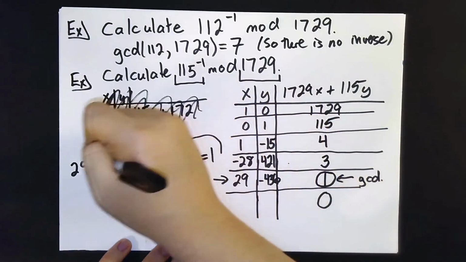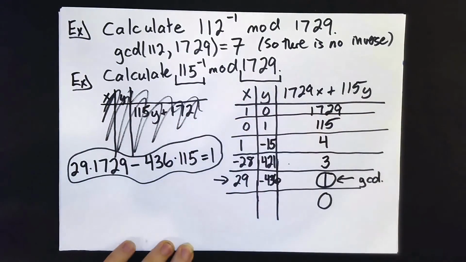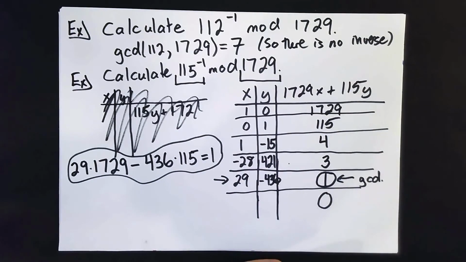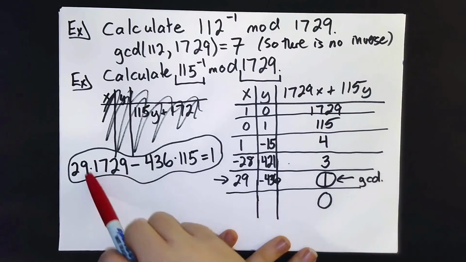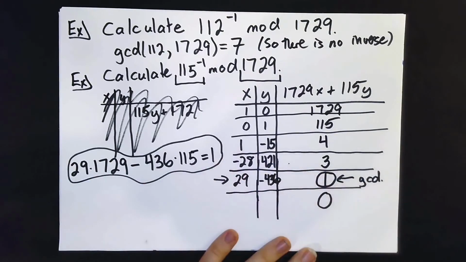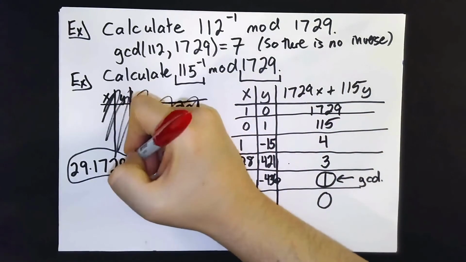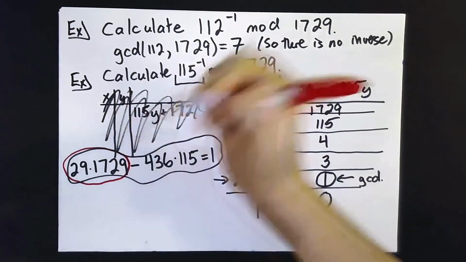Now, at first it might not be clear why I say this tells me what the inverse of 115 is, mod 1729. But what I want to do is I want to take this equation and I want to interpret it mod 1729. So mod 1729, this whole term is just 0.